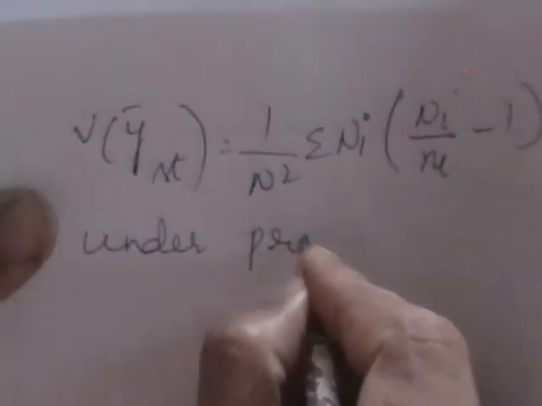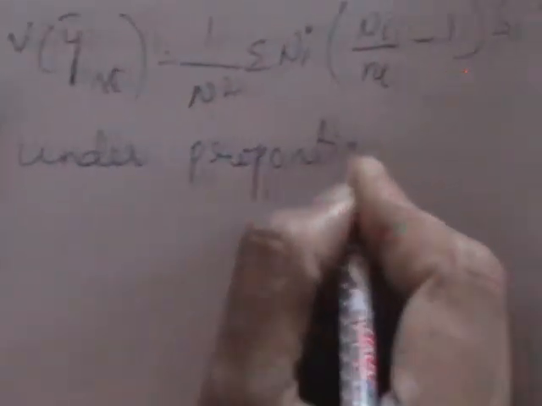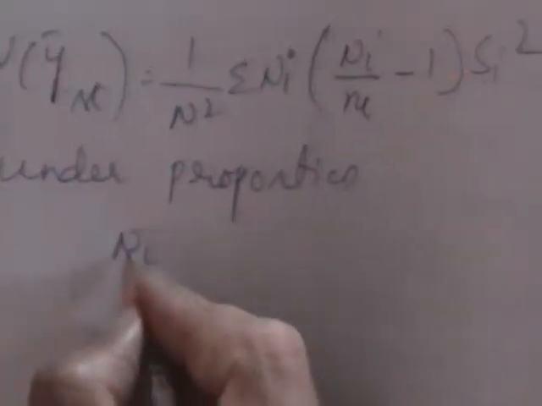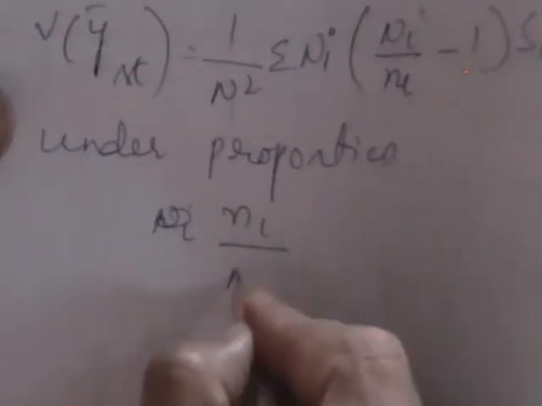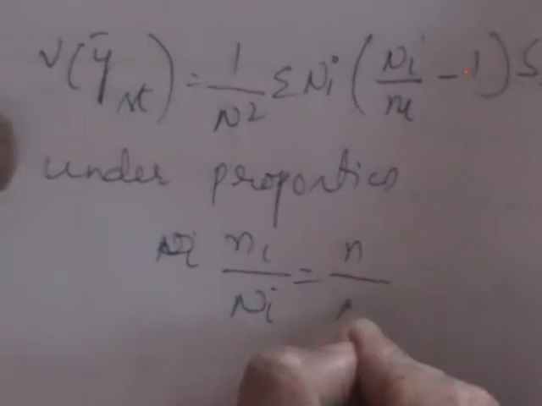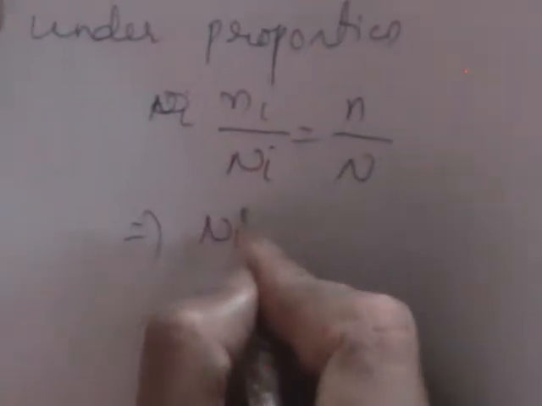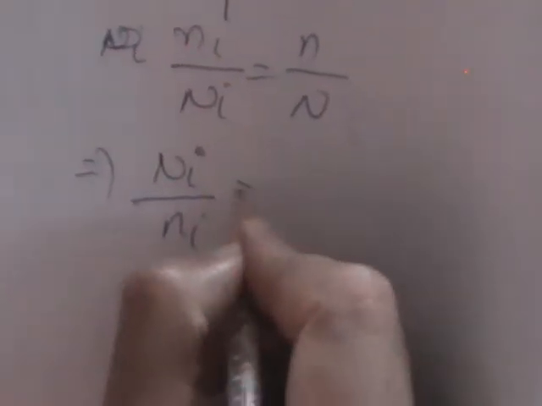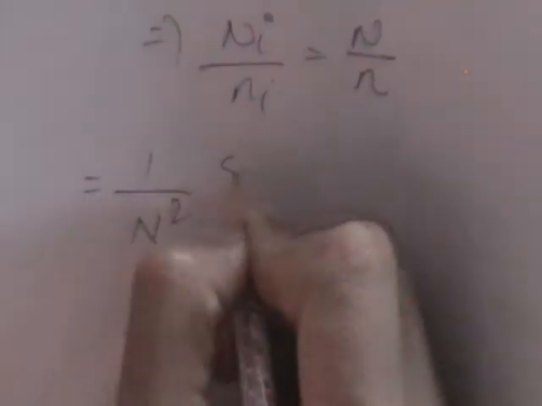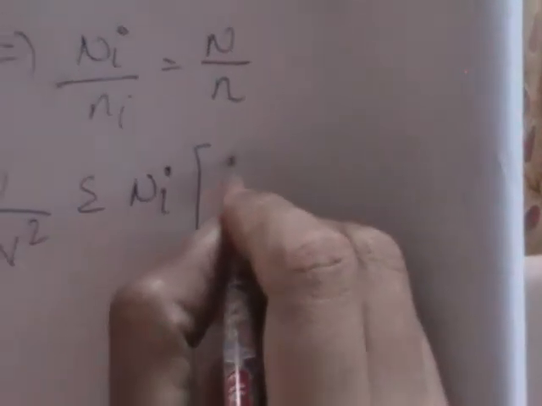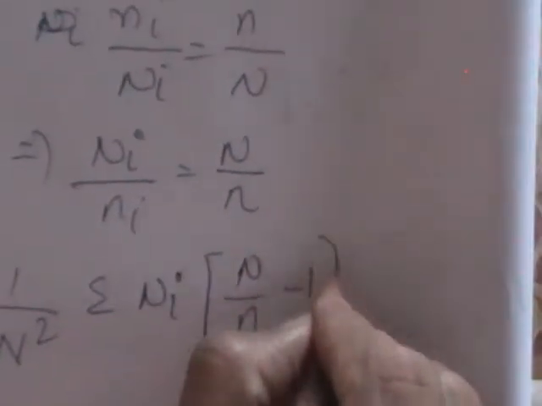So what is the rule under proportional allocation? Under proportional allocation you have ni by Ni is equal to n by N. So if you take reciprocals on both sides, Ni by ni is equal to capital N by small n, which becomes 1 by N square sigma Ni into, in place of Ni by ni you can write N by n minus 1 into si square.